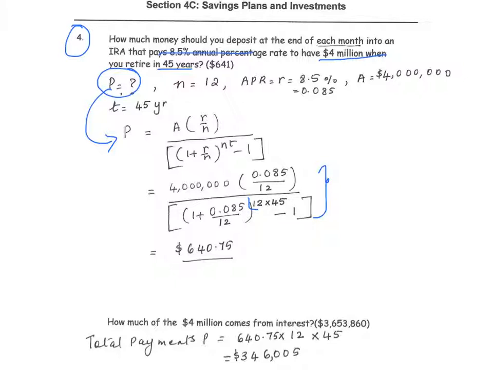In your particular calculator, if you need to put parentheses around the exponent, you can do that. Hit the enter button once and get the periodic payment 640.75. I suggest you enter these numbers into your calculator and make sure you're getting the right answer.